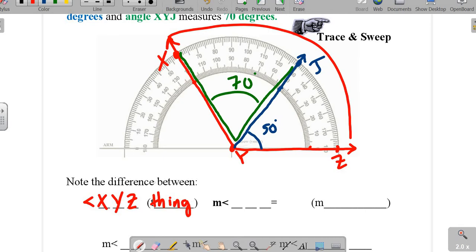If I want to talk about the fact that that angle measures 120 degrees, you put the M in front of it. That little M means measure of. And you would write it like this, m angle XYZ equals 120 degrees. That little m means measure of the angle.